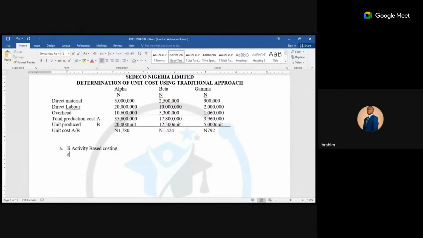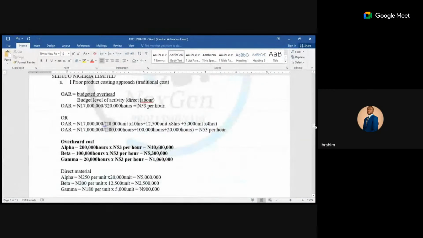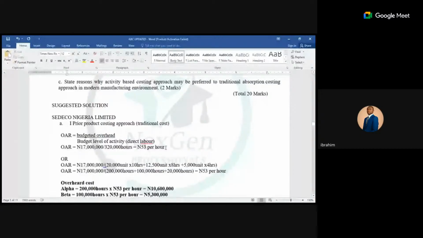Okay, class, you should not forget that when you want to determine the OAR, it is budgeted overhead over budgeted level of activity.